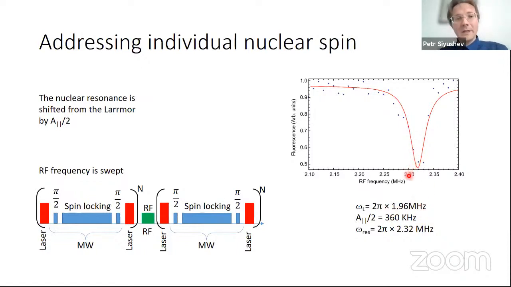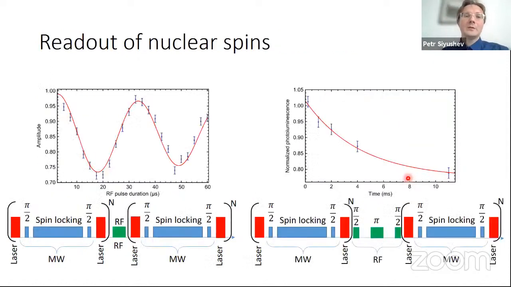So we can even go further and also show that we can control the nuclear spin by RF field, initialize it and read out. So we perform a Rabi oscillation on a single nuclear spin, again by applying several polarization pulses and then chopping the RF field, so increasing the duration all the time, and then reading it out, which results in such oscillations.